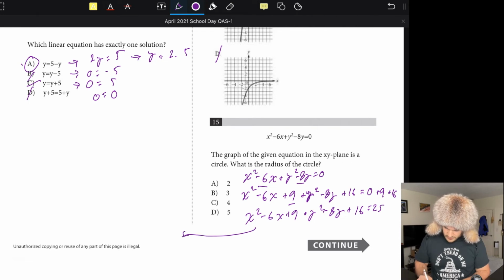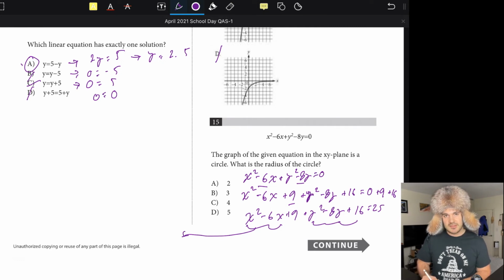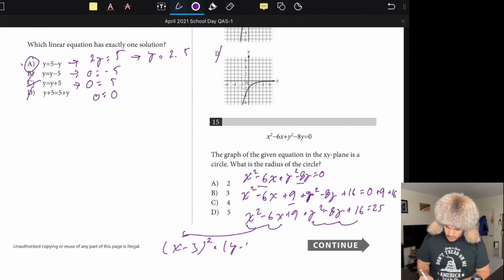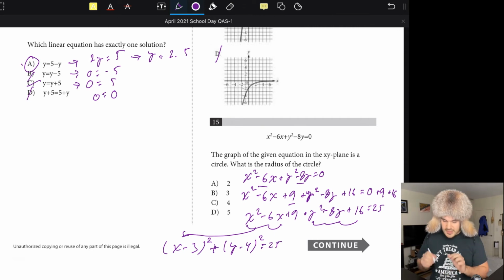To finish it off, we have to factor both the x and the y parts. So the x squared minus 6x plus 9 is a perfect square. It's going to factor into x minus 3 squared. The y part is going to be plus y minus 4 squared, equals 25. This now is a regular standard equation of a circle.